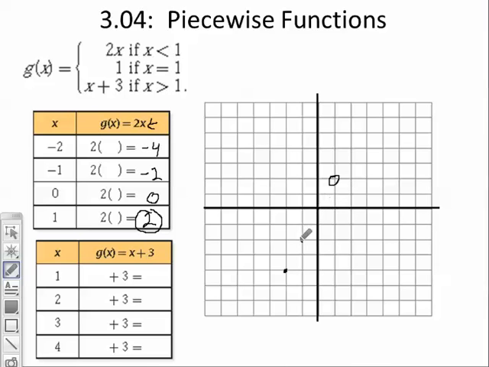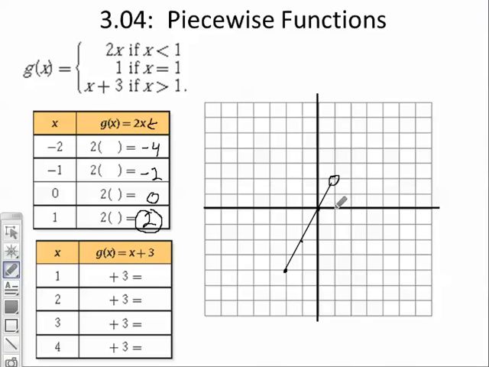That's what we're seeing for that first function: it's going up like that. Let's go ahead and draw that function in. I'm going to start right here and draw up to here, but see how it's got that open circle? It's not going to include that point. That means it gets absolutely close to that point, but not quite that point.